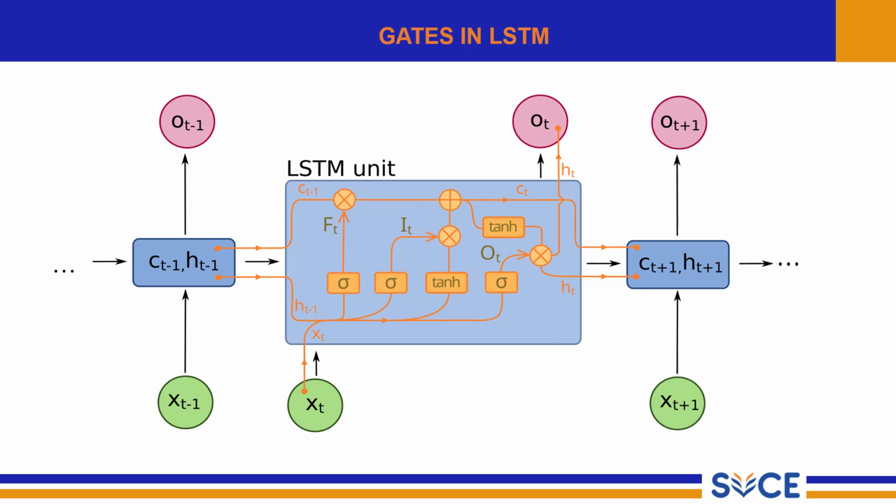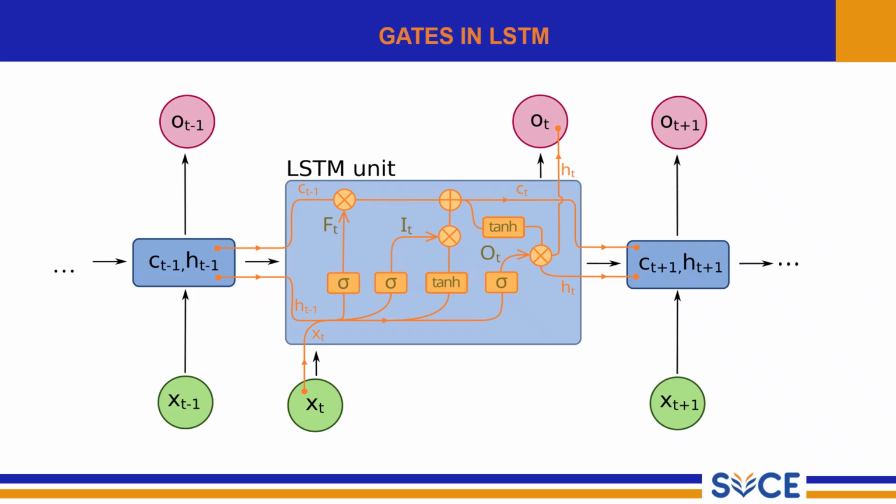Step 2. Input gate and candidate values. Next, we determine what new information should be added to the memory. This happens in two parts. First, the input gate again uses a sigmoid function to decide which values to update.